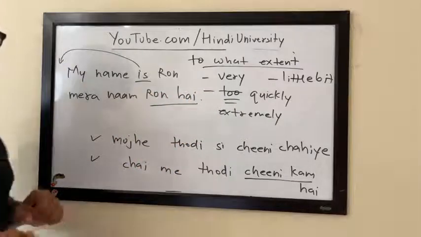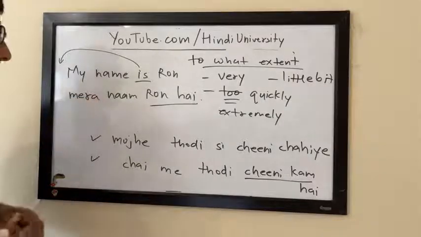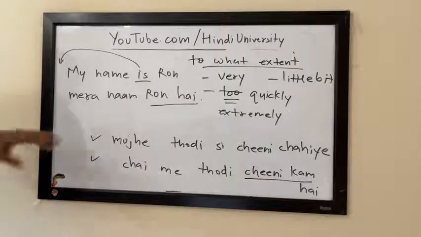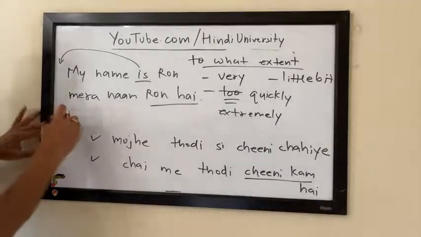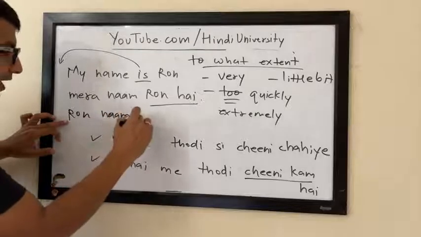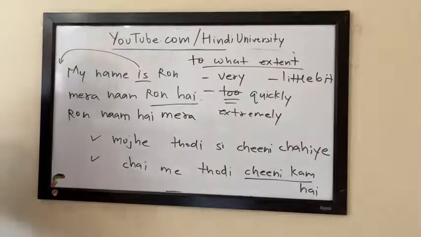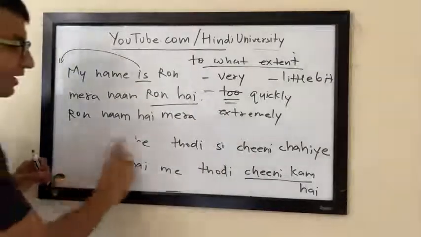But there are cases where there is some flexibility, where a person can say "Ron नाम है मेरा," which almost sounds like a movie dialogue, right? "Ron नाम है मेरा."